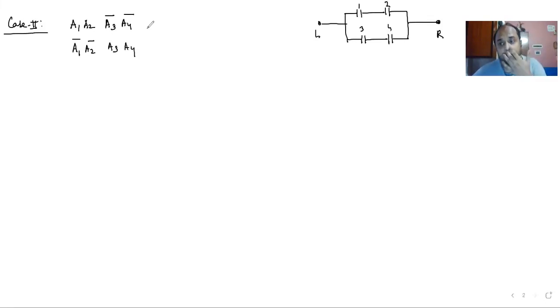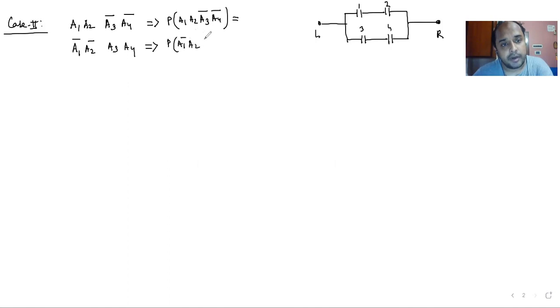This is another scenario in which you are going to get a circuit from L to R. Under this scenario, if I want to find the probability of this event, then by the multiplication theorem, we can multiply the probability of these events.